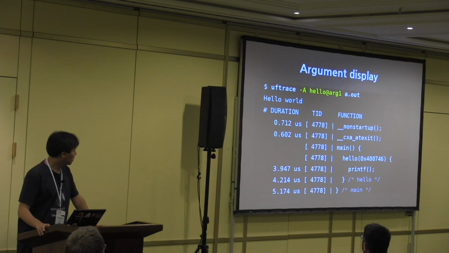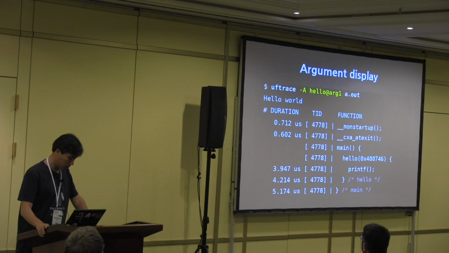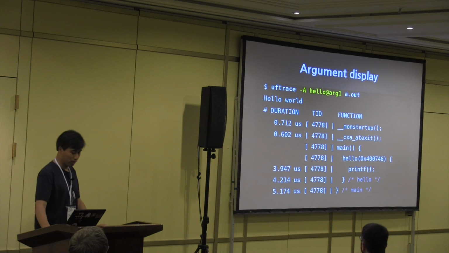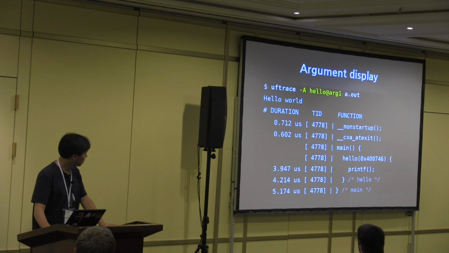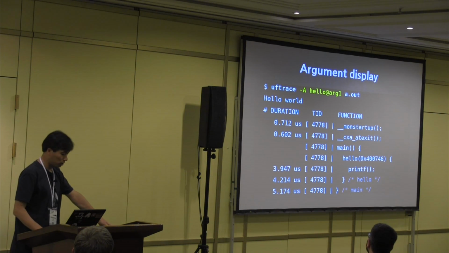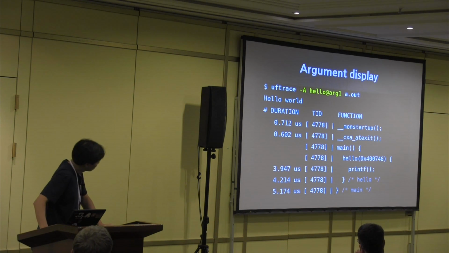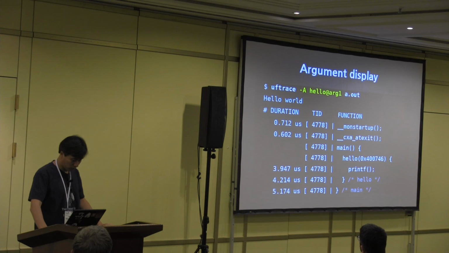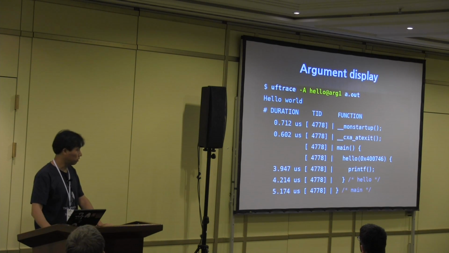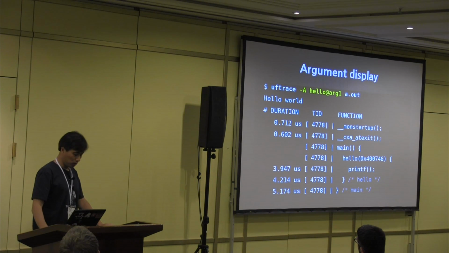And uftrace supports argument display too. With the -A option, you can specify an argument of each function to be printed. In this case, the hello function has just a single argument. So the syntax is the function name, then the at mark, and then the first argument.